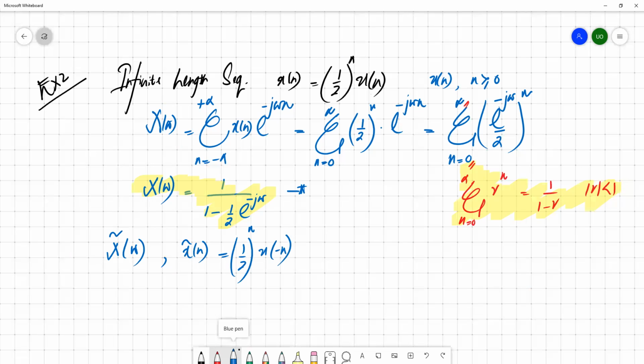This looks like a simple time reversal of x[n], so you can refer to the Fourier transform of a time reversed function.